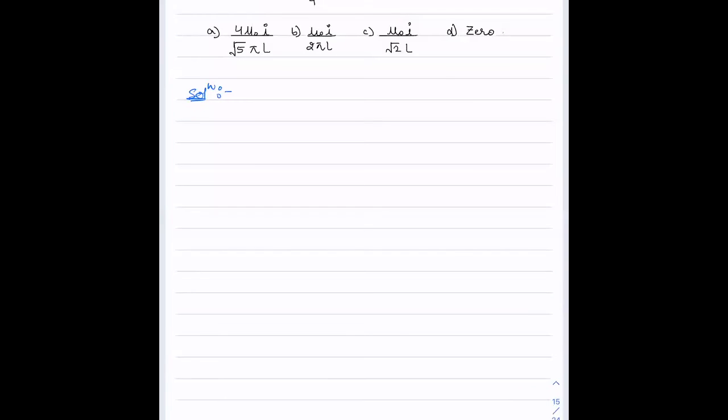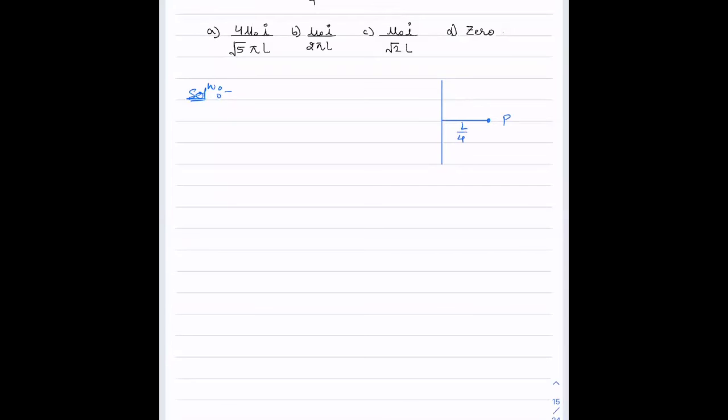So actually the case is this. This is a wire of length L, and at L by 4 distance from the center, at point P, we have to calculate the magnetic field.